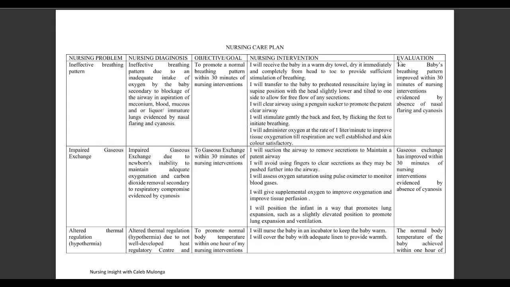Okay, number 5, I will position the infant in a way that promotes lung expansion, such as slightly elevated position to promote lung expansion and ventilation. So those are our interventions that we can put on this problem.